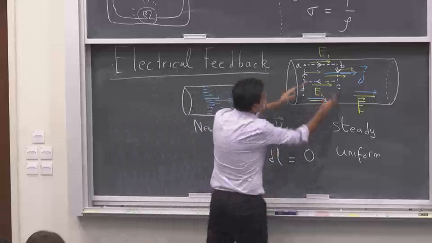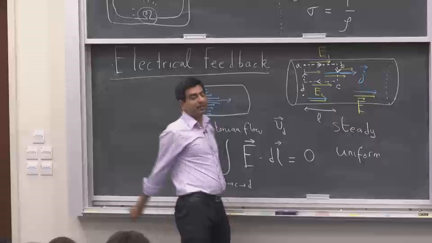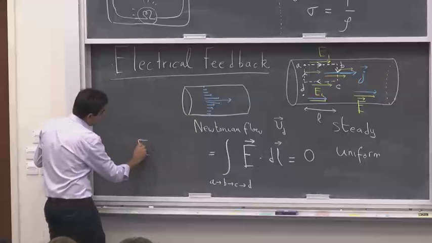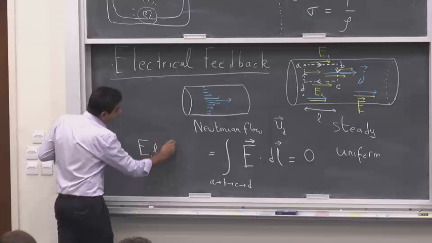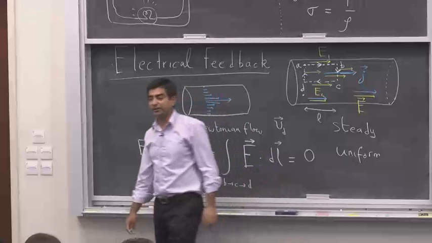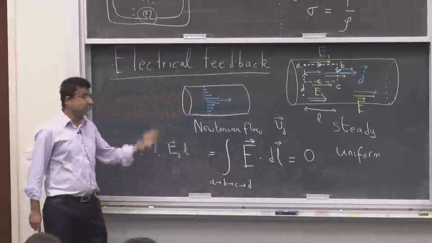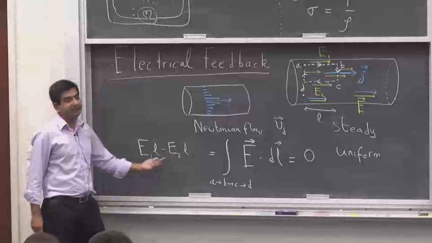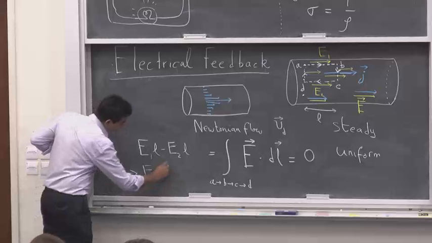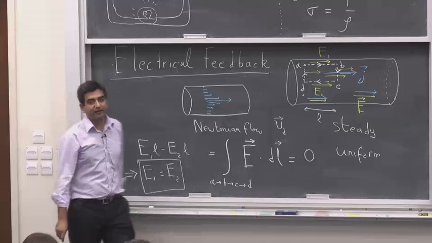Suppose the length of this path is small l. The integral turns out to be E1 L minus E2 L. But this has to be 0. Since L is a constant, this necessitates that E1 must equal E2 inside this current carrying wire.